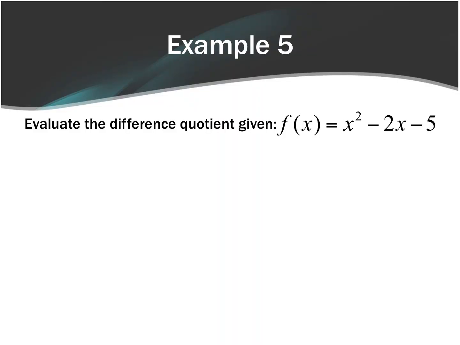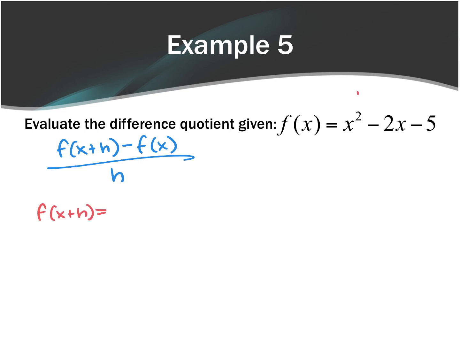All right, same exact difference quotient: f of x plus h minus f of x, over h. The only thing we have to find is f of x plus h. This time, it's squared. Everywhere there's an x, which this time there's two, I plug in x plus h.